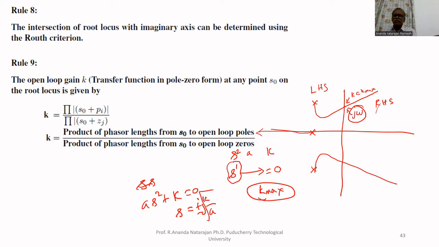We can find omega. s equal to what? s equal to j omega. Therefore, omega equal to square root of K by a. That value is omega. This point of intersection is square root of K by a. That is the 8th rule.